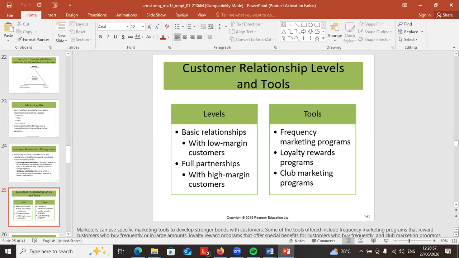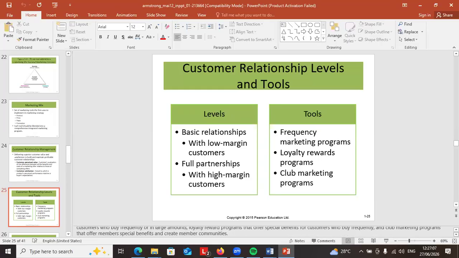On one hand, loyalty reward programs that offer special benefits for customers who buy frequently, and club marketing programs that offer members special benefits and create member communities.